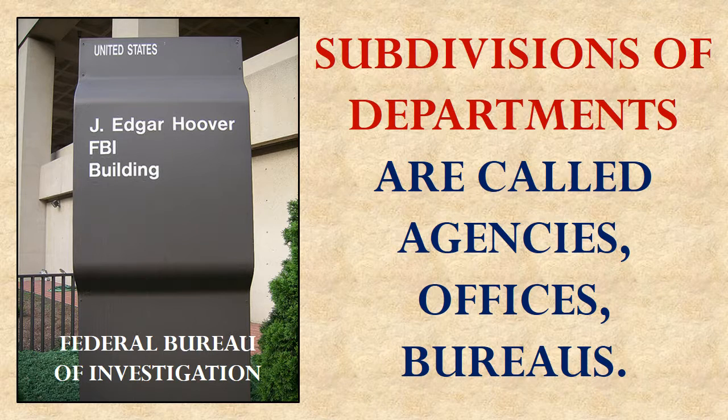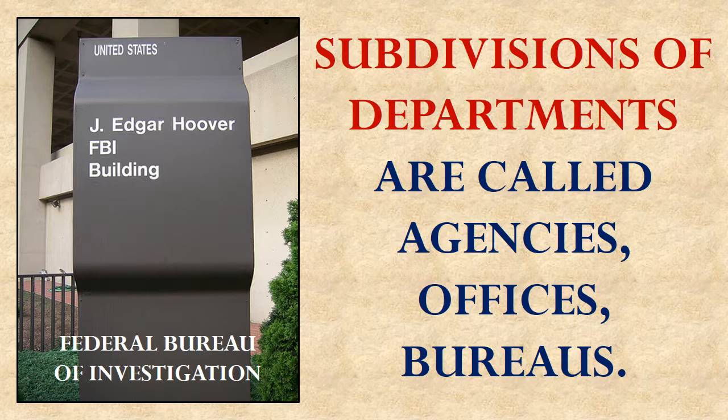The next way that the bureaucracy is divided up is in subdivisions of departments called agencies, offices, or bureaus. The most famous of these is the Federal Bureau of Investigation, the FBI, which is a subdivision of the Department of Justice.